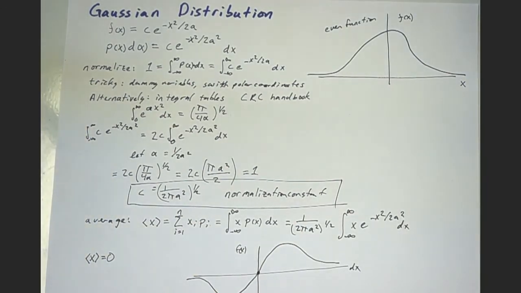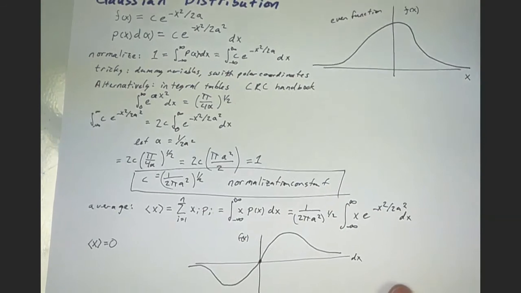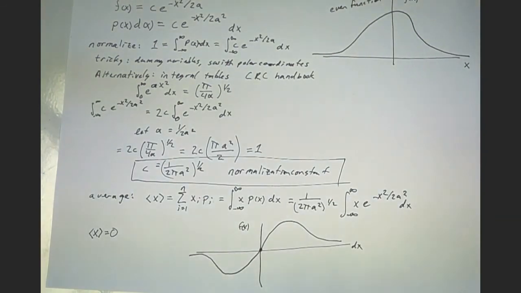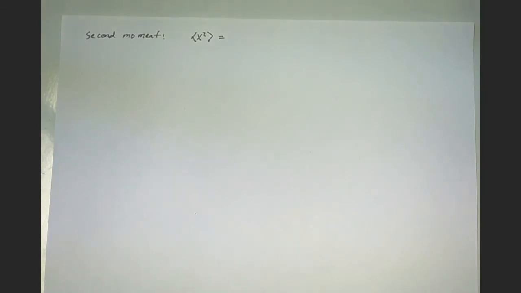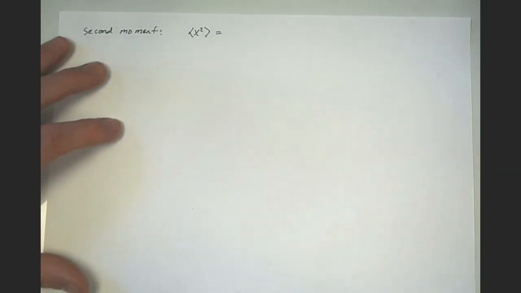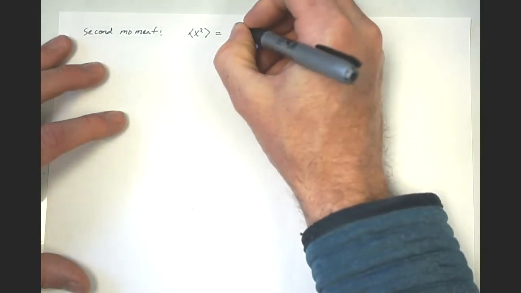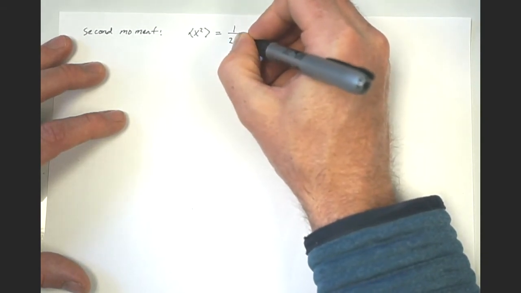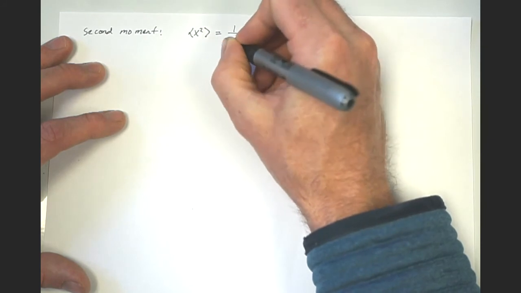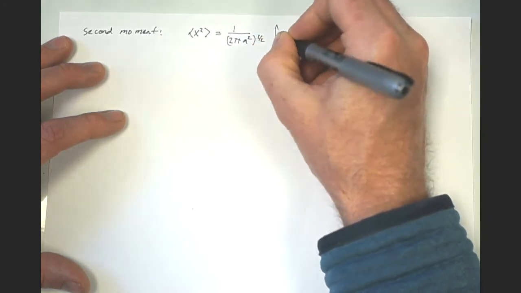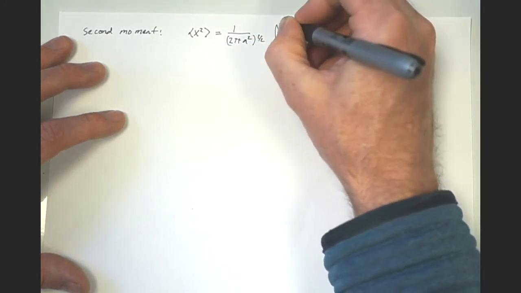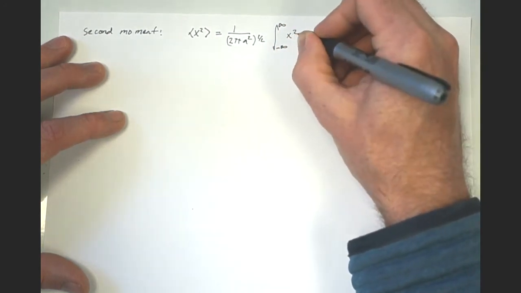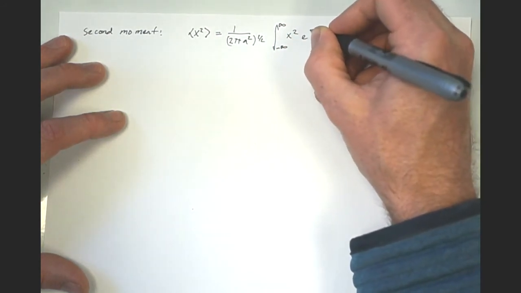Now let's look at the second moment next. Recall the second moment is the average of x squared, and so subbing in our definition for a normalized Gaussian, this becomes x squared times our probability.